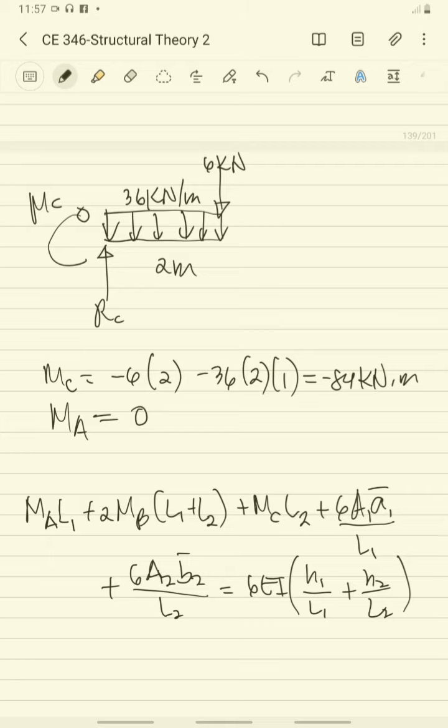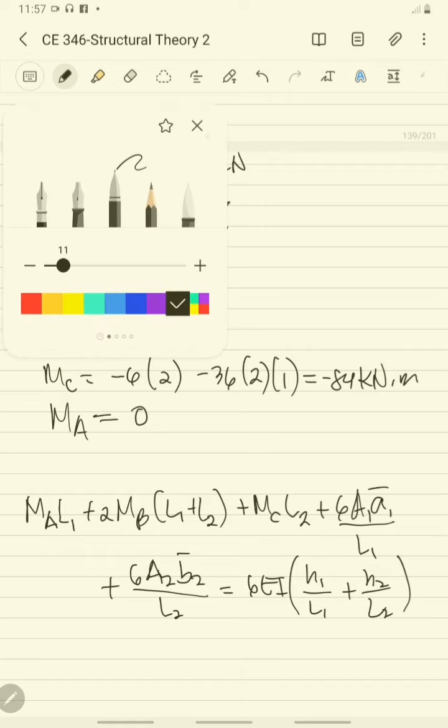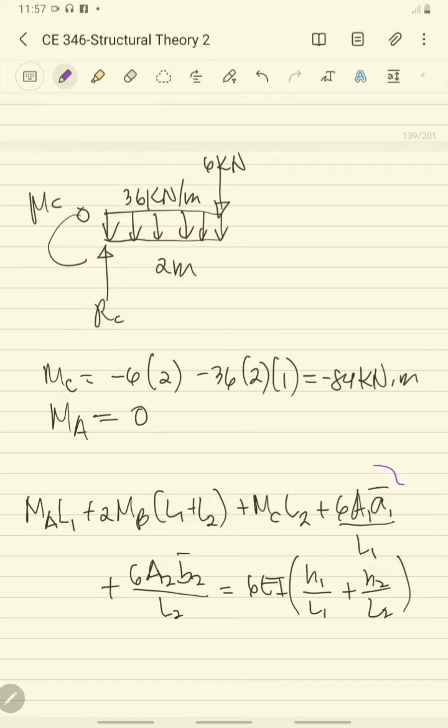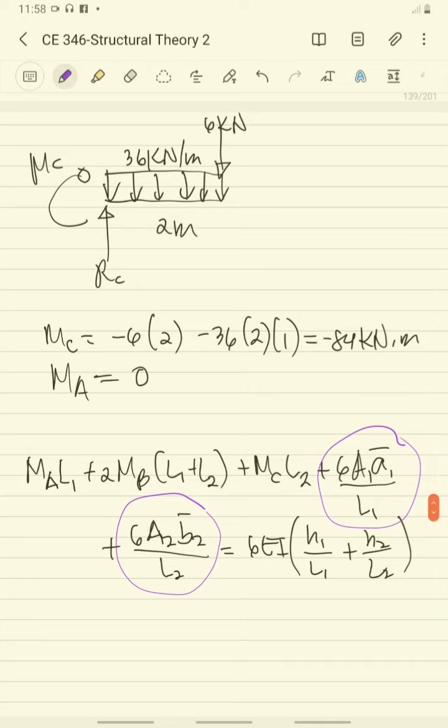So this is the formula for the three-moment equation. So we already have the moment at C, we also have the moment at A, but we need to determine this value, the 6A1 bar A1 over L1 and 6A2 bar B2 over L2. We can determine that value using the table.